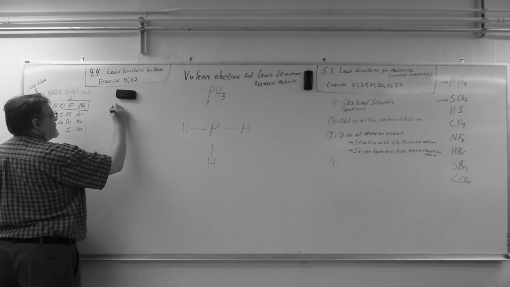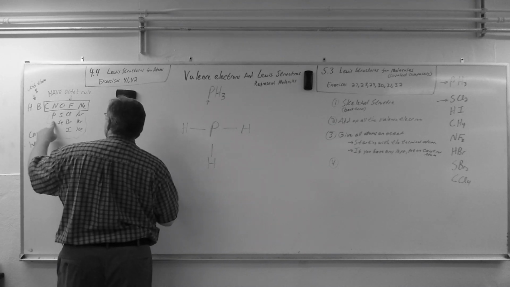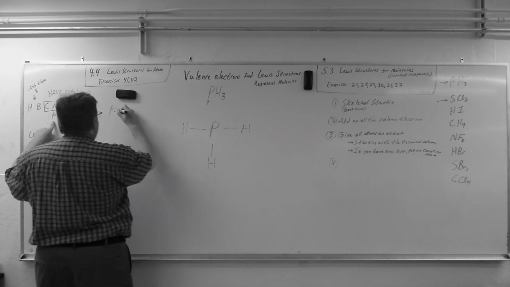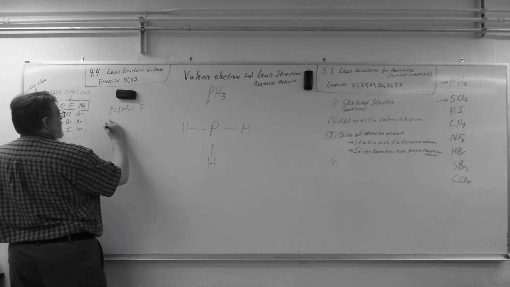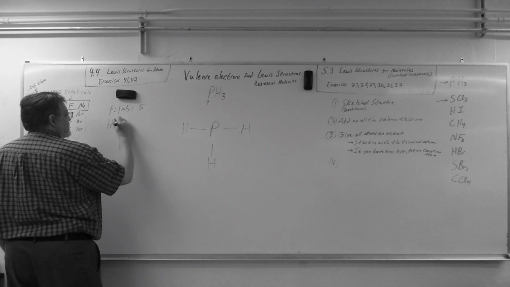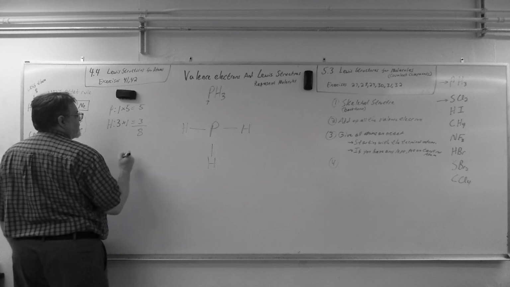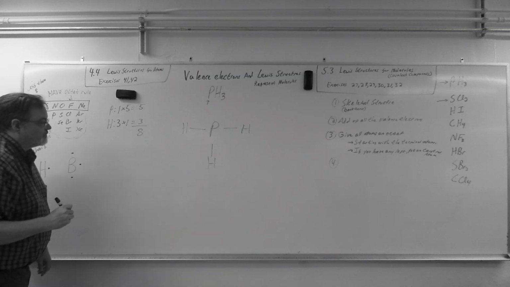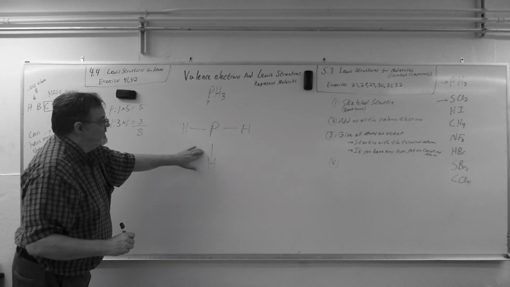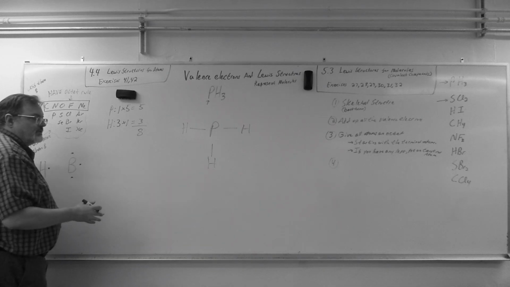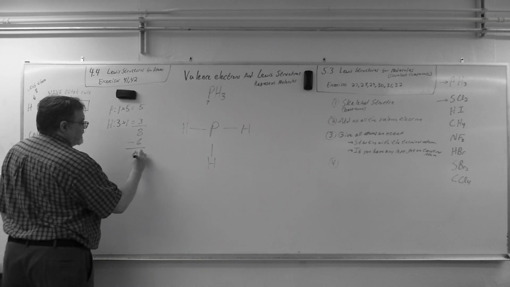How many valence electrons does phosphorus have? 5. Hydrogen has how many valence electrons? There's 1, so there's 3, so I have a total of 8 electrons here. I used 2, 4, 6 in the process of making this molecule, so I have to subtract 6. Now I'm down to 2.